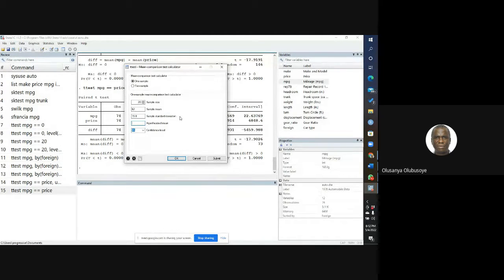But you don't even have access to the actual observations. But based on this, you now want to test whether this intelligence quotient is the same as your own class. Let's say you know the intelligence quotient of your class to be 75. So you now want to test whether the intelligence quotient reported in that article is the same as the one that you know about.